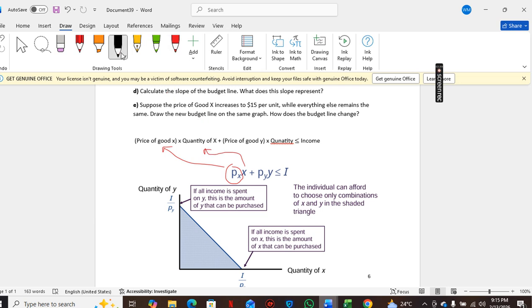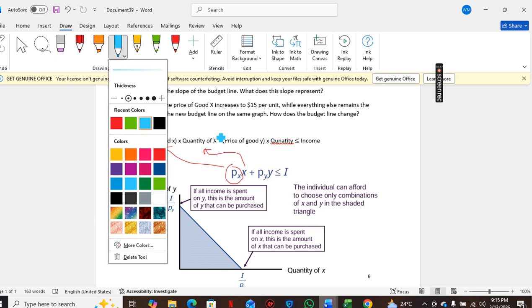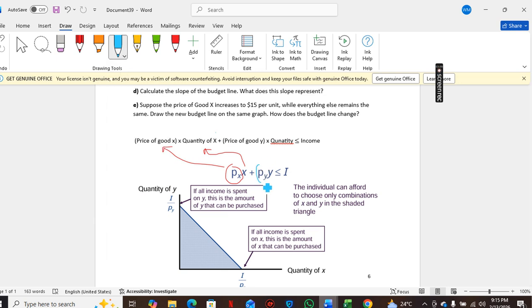Then Py is the price of good Y, and this Y is the quantity of good Y. This is the budget constraint equation, and then this I represents your income.